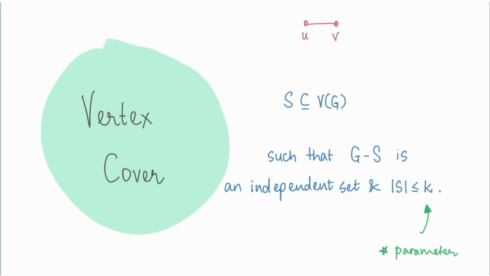Let's toss a coin, and let's say that if the coin toss turned out heads, then we pick u, which is to say that we recursively get into the instance G minus u, k minus 1. And let's say that we had tails instead, then we look at G minus v, k minus 1.